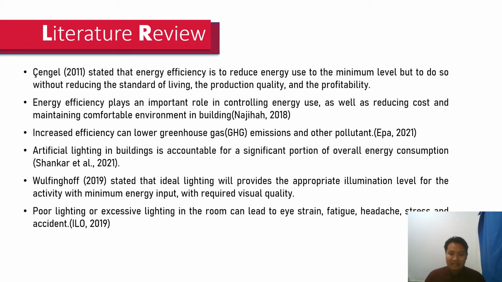Wolfinghoff 2019 states that ideal lighting will provide the appropriate illumination level for the activity with minimum energy input and required visual quality. Poor lighting or excessive lighting in the room can lead to eye strain, fatigue, headache, stress, and accidents, stated by ILO 2019.